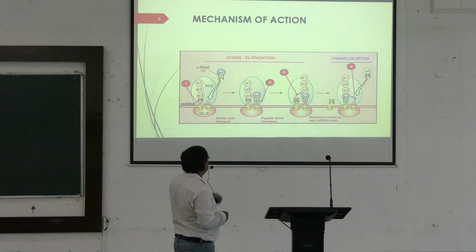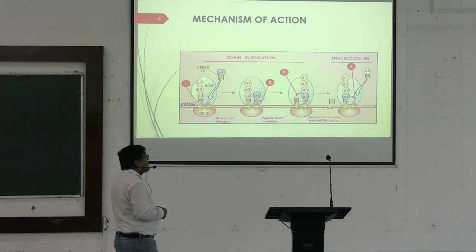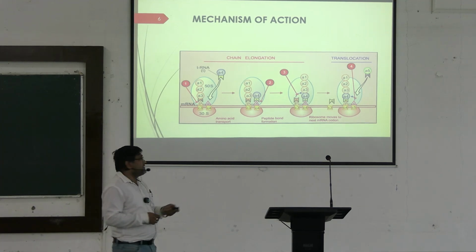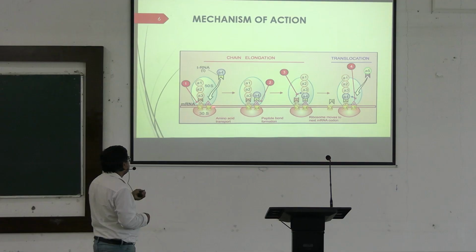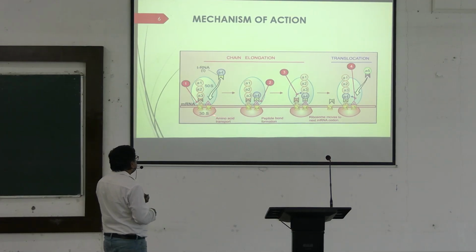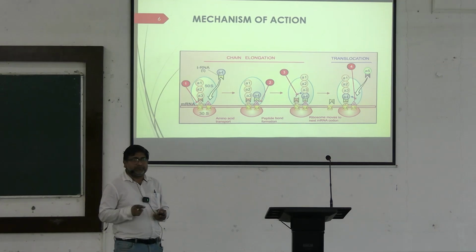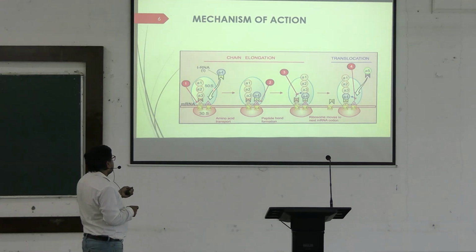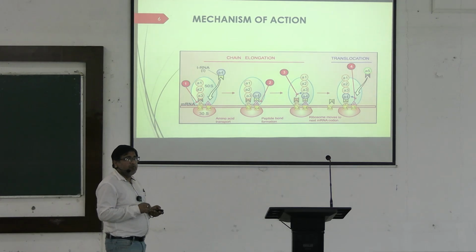Now this is a schematic diagram showing the protein synthesis. This is an mRNA strip to which the 50S ribosome and 30S ribosome are bound. These C3 and C4, they represent the codons. Accordingly, the protein will be synthesized as per the codon.